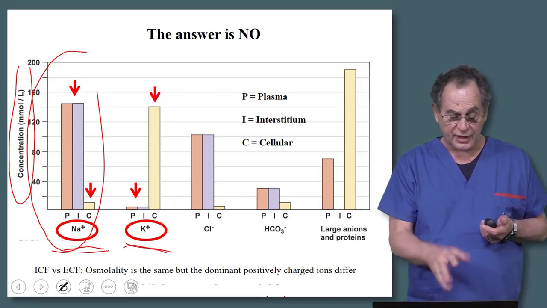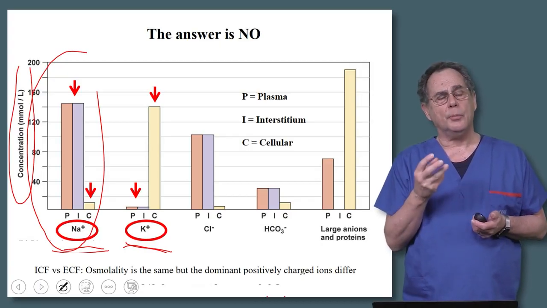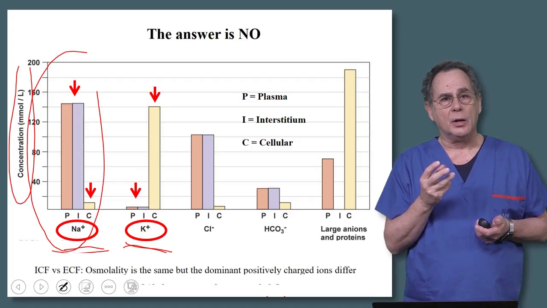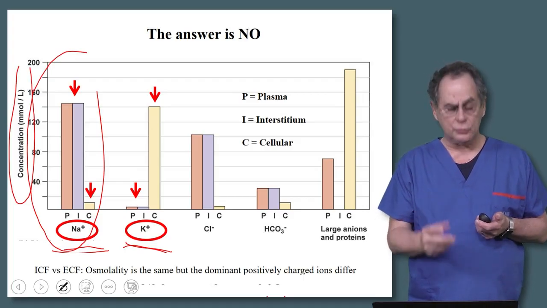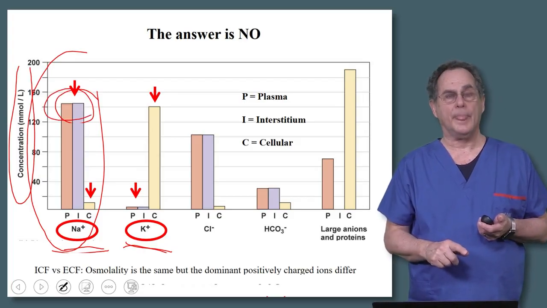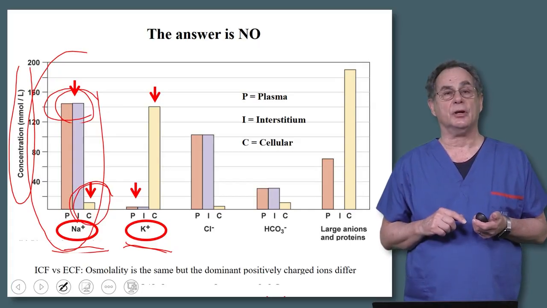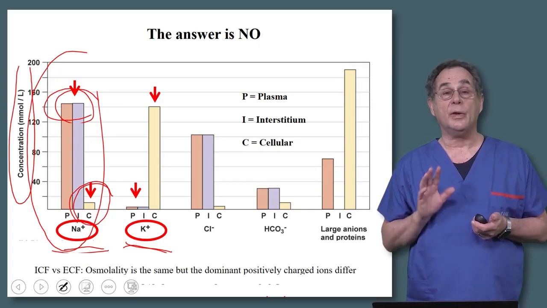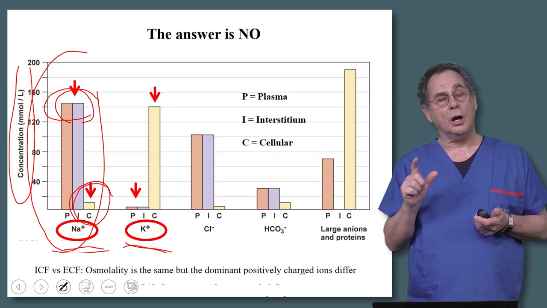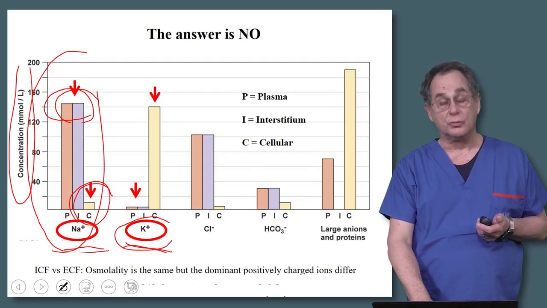And what you can see right away is that the dominant positively charged solute in the plasma compartment and the interstitial space is sodium. And there's very little sodium within the intracellular space. And it's the reverse when we look at the potassium concentration.